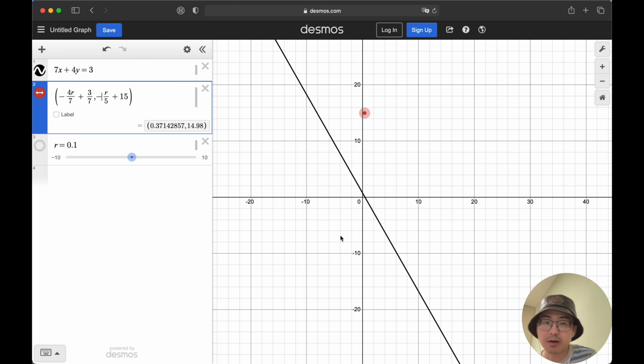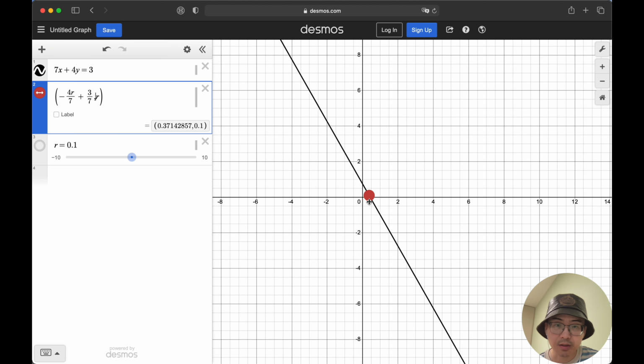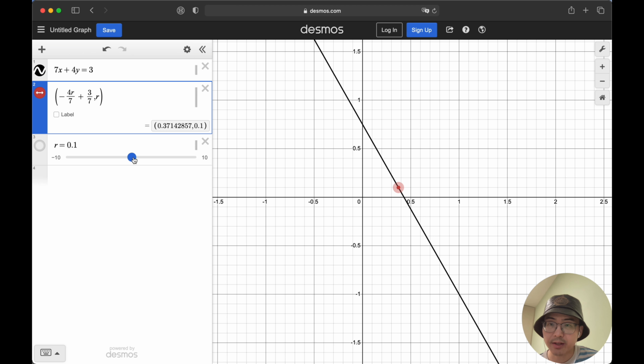Okay, so let's get rid of all this. Now you see that when r equals 0.1, the red dot lies on the line, right? That means this point satisfies this equation. And if we move around, where's the point? You see that if I give different values for r, the point always lies on the line. So that means this choice is correct, no matter what the r value is.